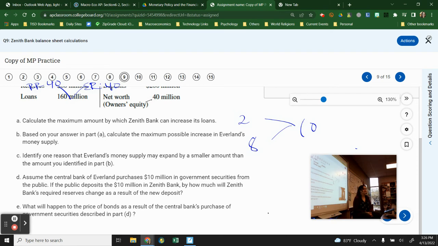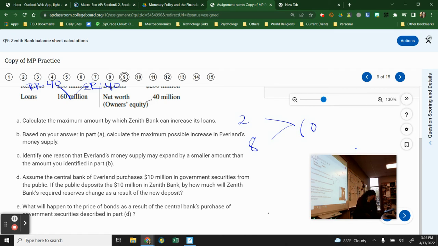See, it's saying that the bank purchases $10 million worth of bonds from the public, not from the bank. So their ER would go up by 10 million, and then the public deposits 10 million.